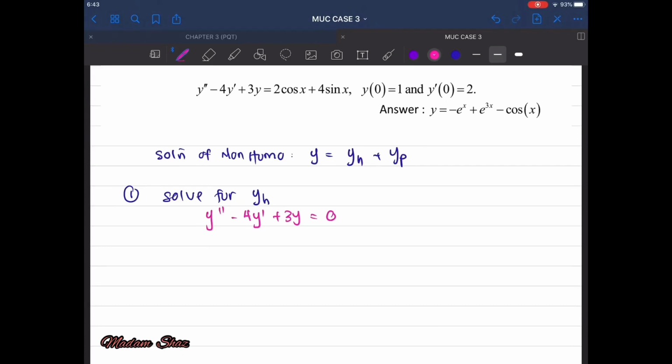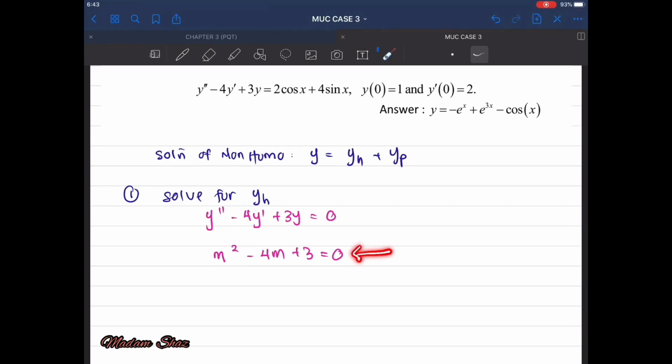Now we want to solve the homogeneous equation. We substitute, so it becomes m squared minus 4m plus 3 equal to 0.